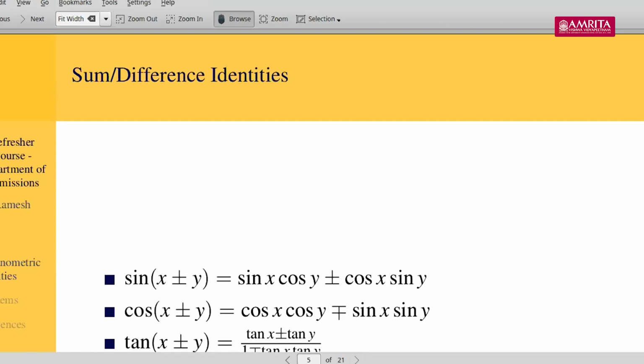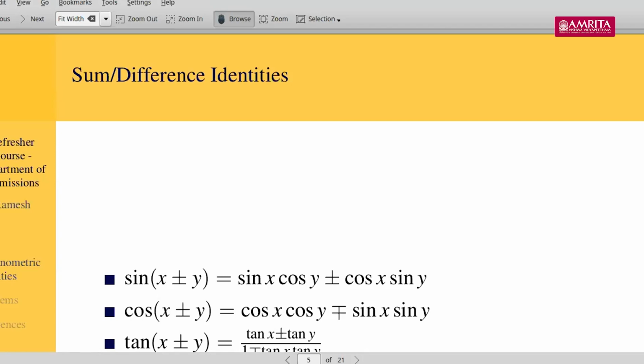Sometimes people say sine of a plus b or sine of alpha plus beta. It doesn't matter. After all, x and y are angles. In a similar way, cos of x plus y can be written as cos x cos y minus sin x sin y. And similarly, cos of x minus y is equal to cos x cos y plus sin x sin y.